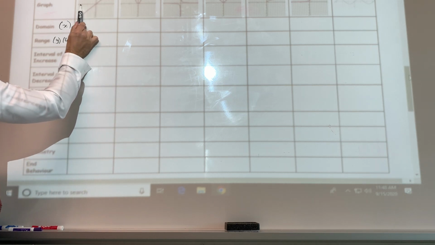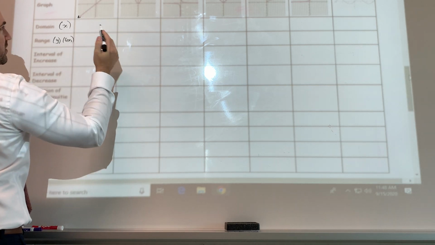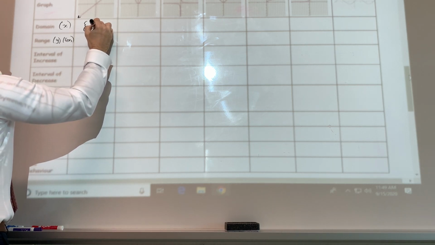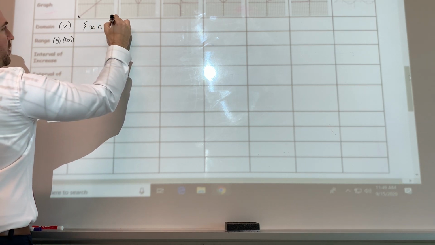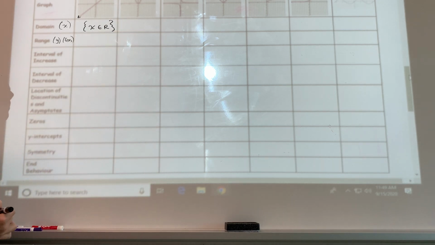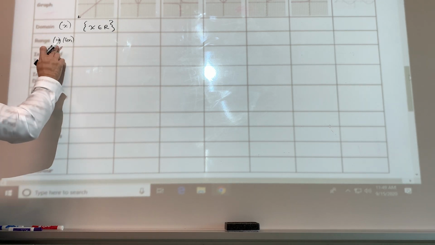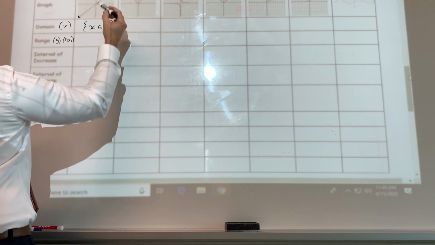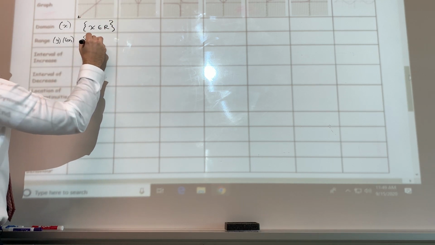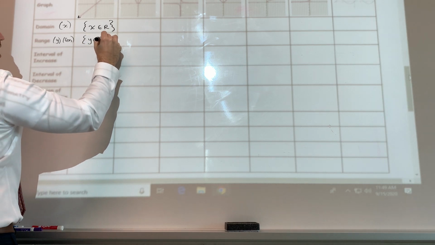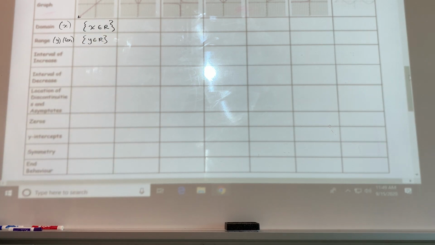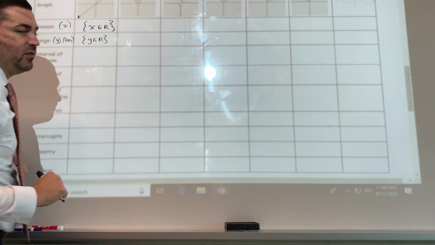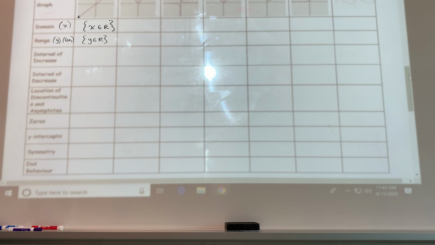So we have all our negative x's and all our positive x's. So our domain is x ∈ R, x is an element of real numbers. Likewise for the y's, we have all our negative y values and all our positive y values. So our range is y ∈ R as well. There aren't any restrictions because the line is continuous in both directions.